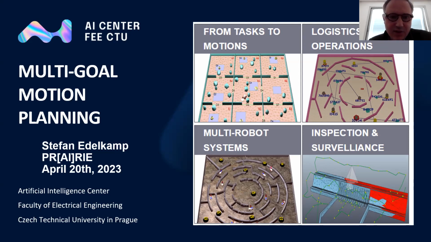He's professor at Prague University. He was before at King's College, and we welcome him today to tell us about multi-goal motion planning, so motion planning for robots. So, Stefan, the floor is yours.